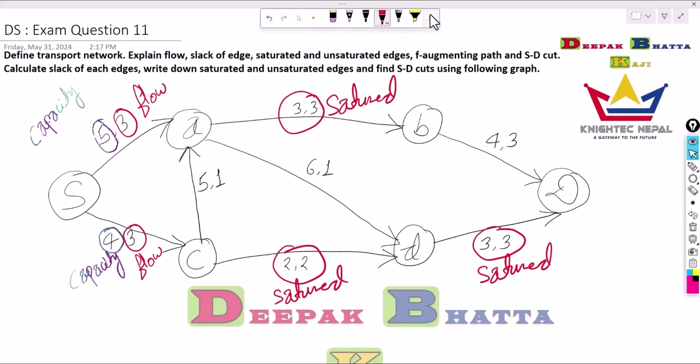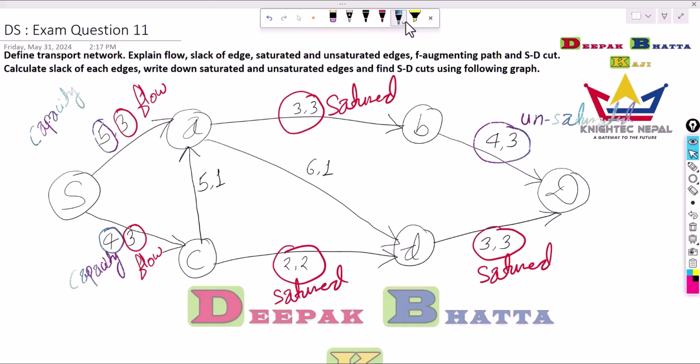What does it mean? So 4 comma 3. The flow through this edge is less than the capacity. 3 is less than 4, which means unsaturated. Okay.